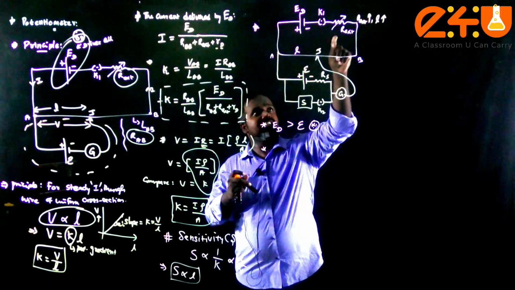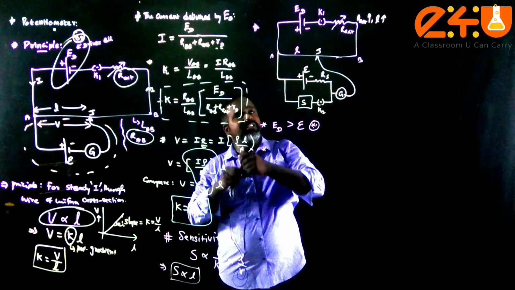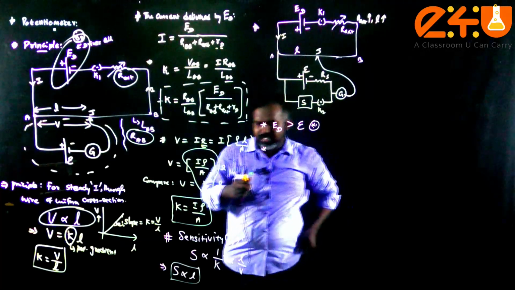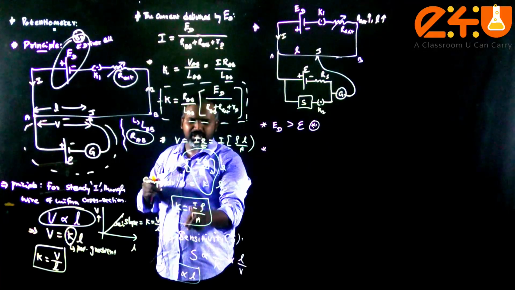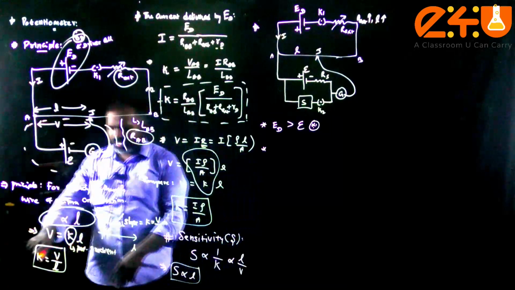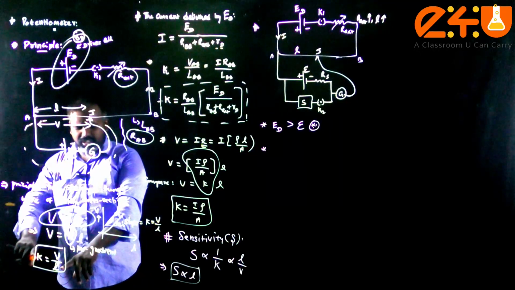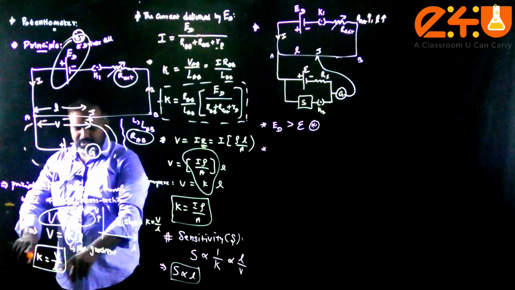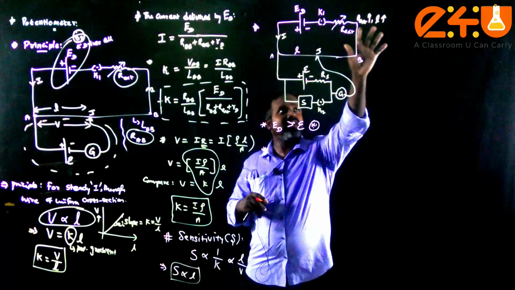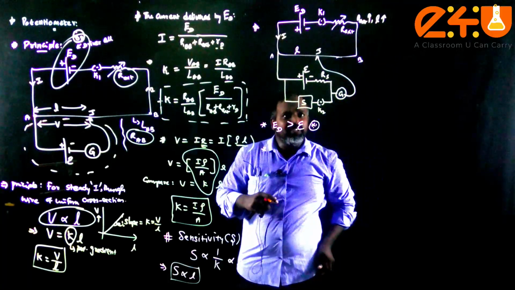When R external increases, the current through the primary circuit gets decreased. When current through the primary circuit decreases, the K value also decreases. Since K and L are inversely proportional, as K decreases, L should increase. So that's why here we are writing that R external increases means L will increase.